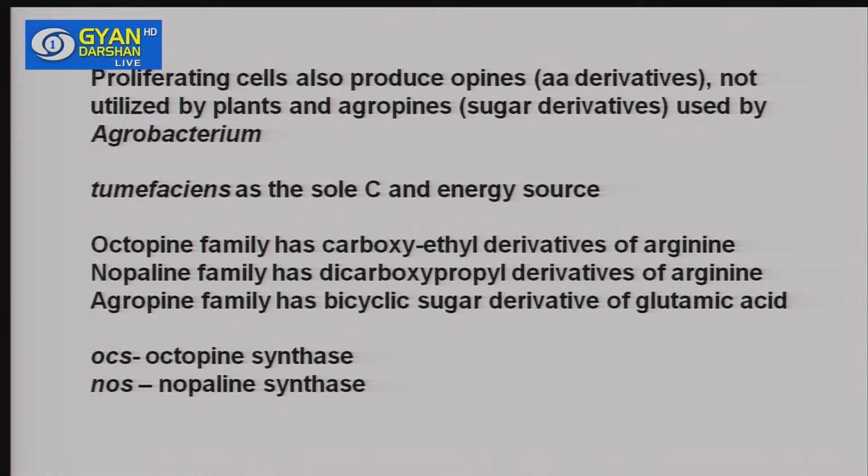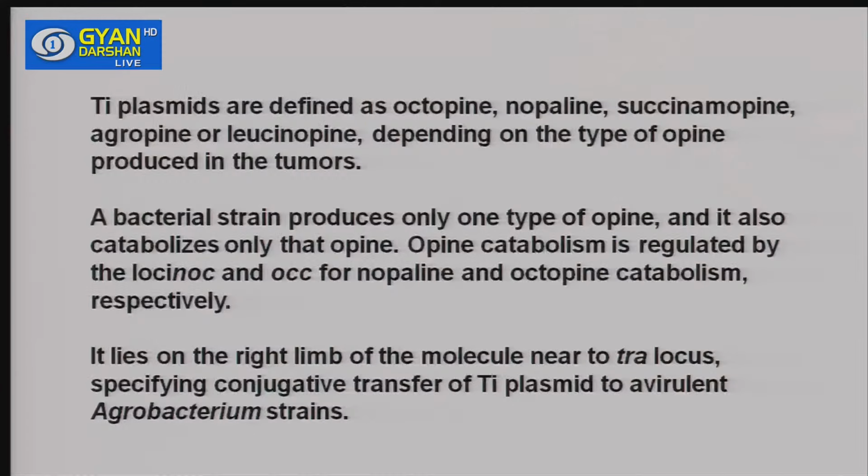Accordingly, you have the synthesis genes present in the tDNA region, that is octopine synthase, nopaline synthase, and so on. The nomenclature of TI plasmids is done on the basis of these opines, that is octopine TI plasmid, nopaline TI plasmid, and so on.